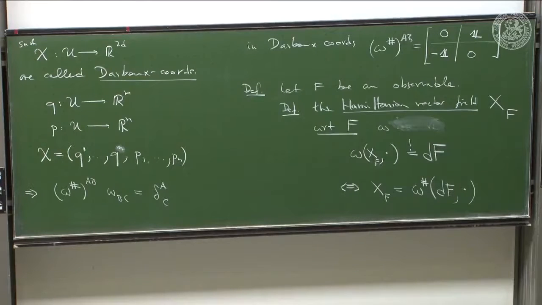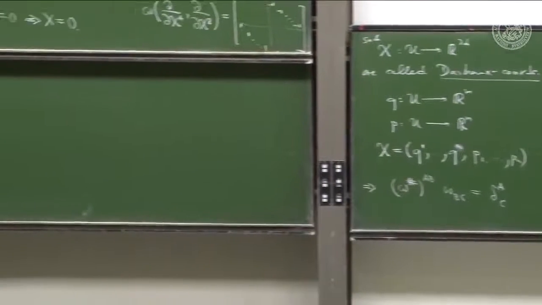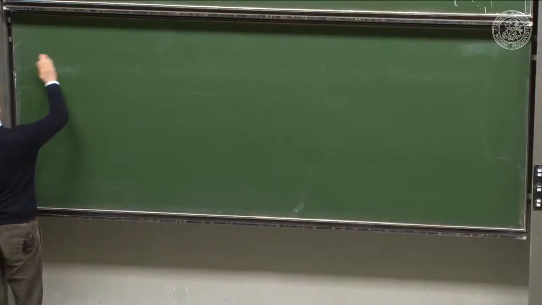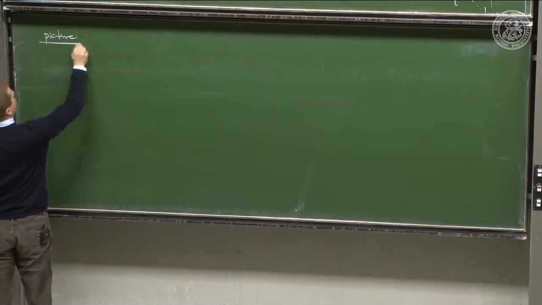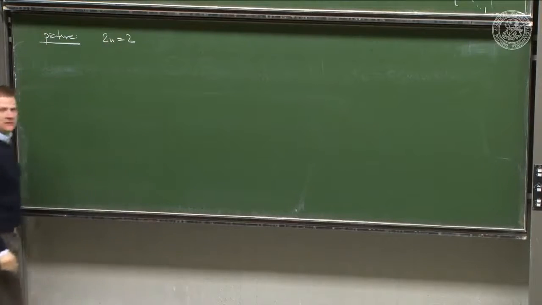Now this is an excessively geometric concept, so we'll draw a picture. So let's do this for 2n equals 2 dimensions.